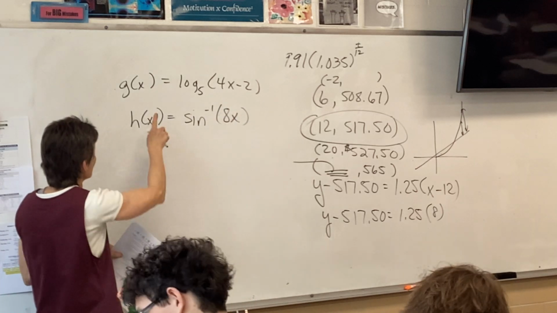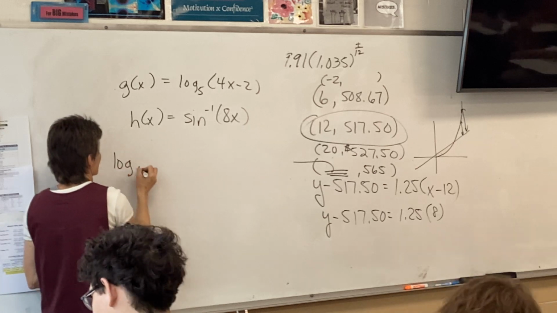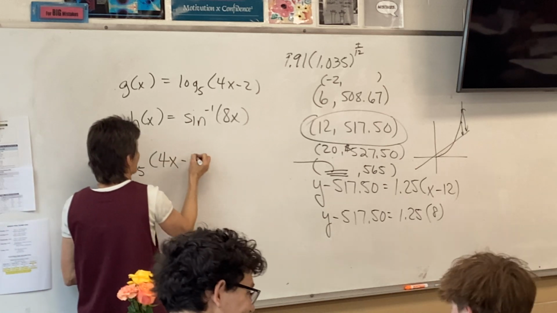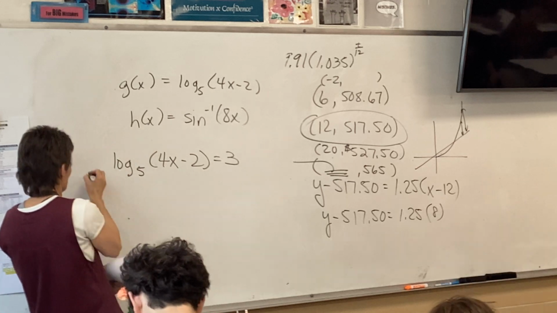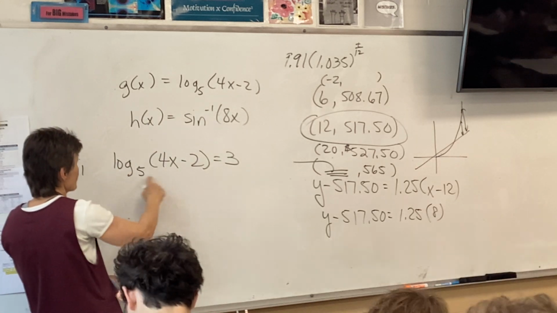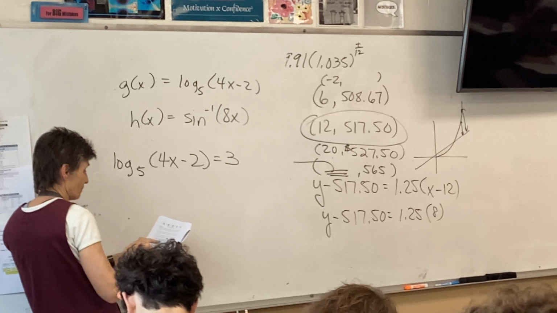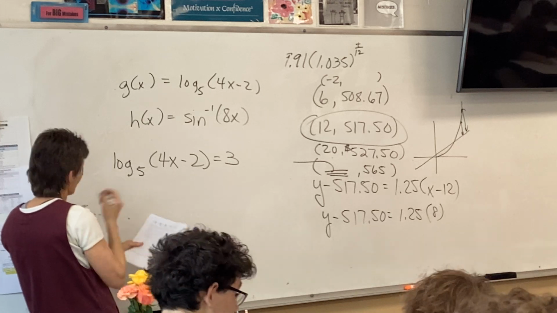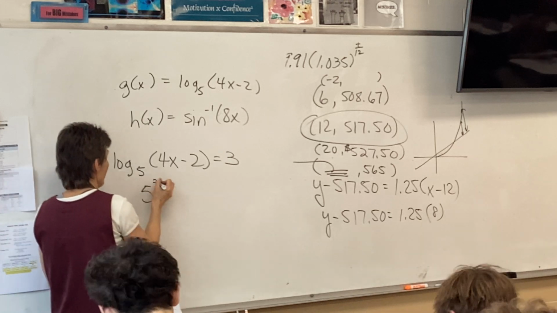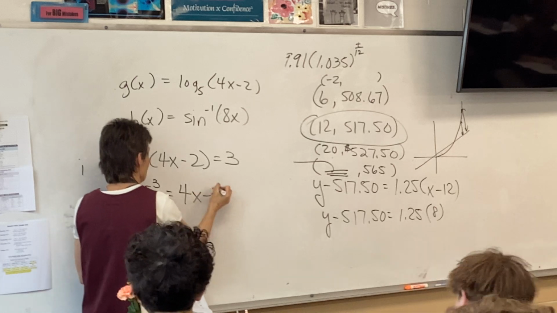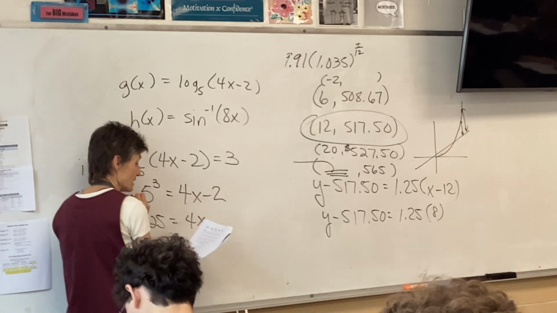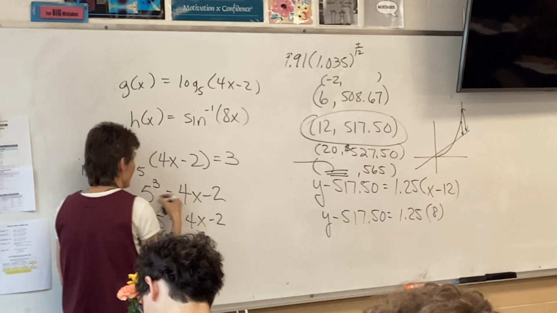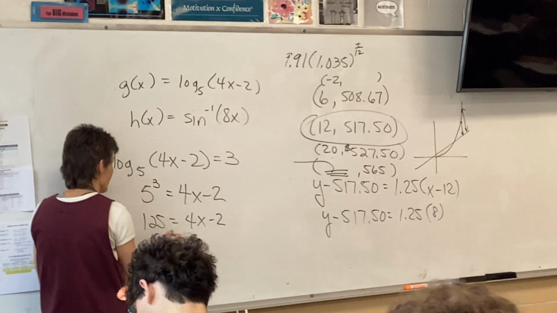All right. Solve g of x equals 3. Oh my gosh, this is easy. Solve g of x, there's my g function, equals 3. Okay, so we all know how to do that, right? This one is no calculator, so you're gonna have to do this on your own.